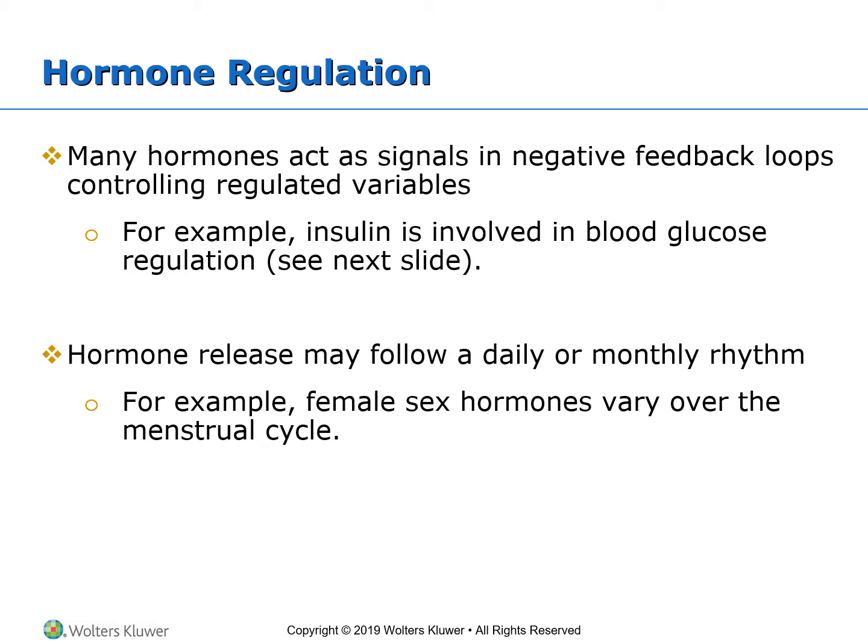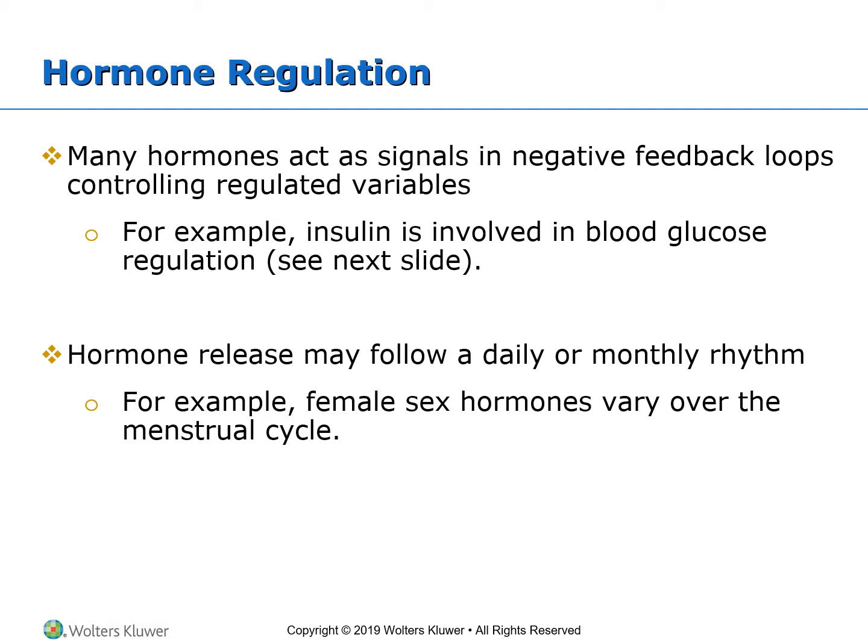Hormone regulation in our body is under the control of negative feedback loops. And those loops are based on predetermined values of certain elements that can be measured inside our body functions. An example of that is the insulin that is involved in the blood glucose regulation, and we'll discuss that in the next slide.